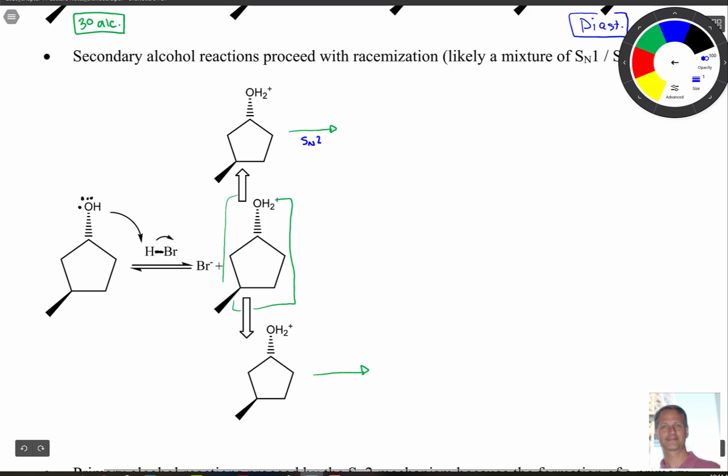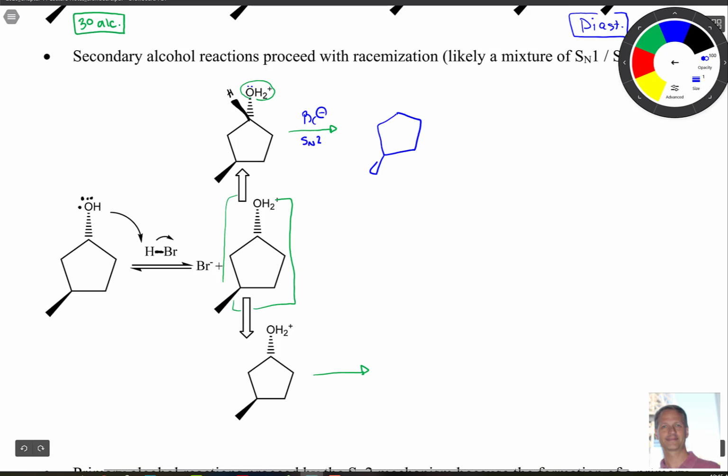So for SN2, we have bromide hanging out here. Then what's going to happen? Well, remember, your H is pointing out at you, and the OH2 here is your leaving group. So you're having to come around the front, which will cause an inversion to occur.